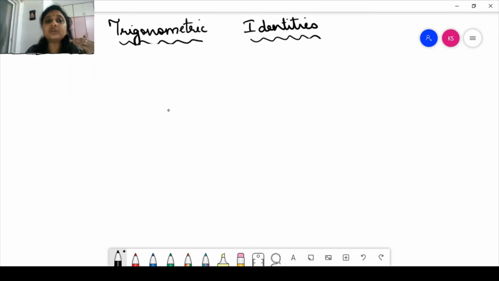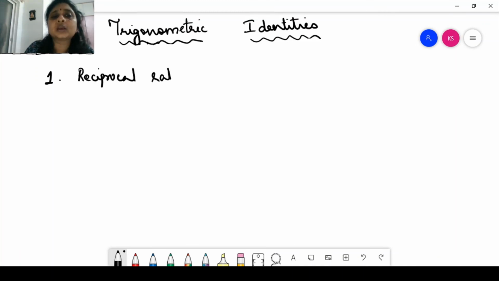So what do we follow when we solve trigonometric identities? Whenever we see reciprocal ratios or quotient ratios like tan theta and cot theta, or cosecant theta and secant theta, what do we do? We prefer to convert them into sine and cos.